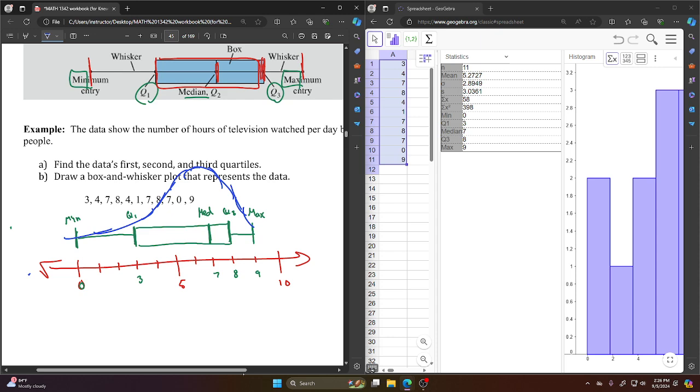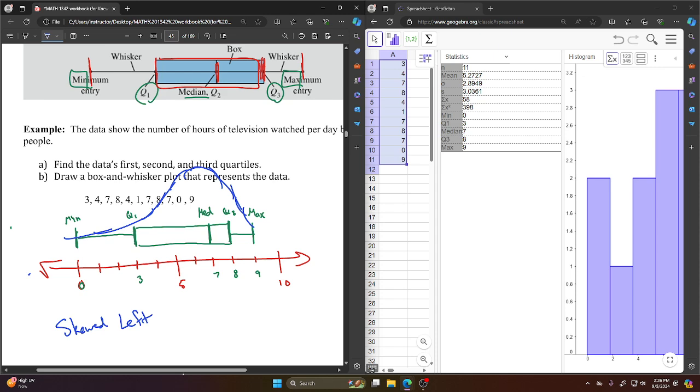It's got this tail over here. So I would say that is skewed left because it has that tail on the left side. But you can see that not just from these numbers. The numbers are not telling me that. It's from that graph, the 5-number summary, the box and whiskers. It's showing this is where my tallest point is, and then it kind of just slopes out. Cool? Okay.